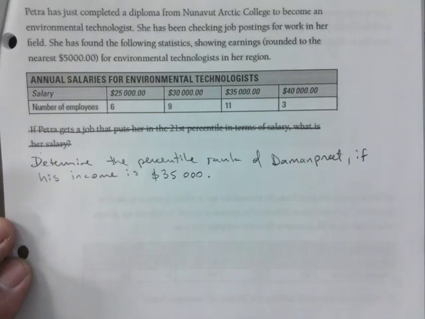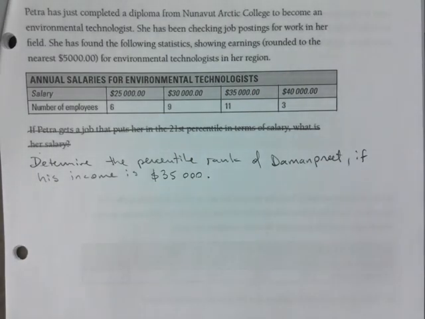Okay, so determine the percentile rank for Damapreet if his income is $35,000. Could you answer this? 2 marks, by the way. This question would be worth 2 marks, okay? So you do it yourselves right now. Don't look at your neighbors, just pretend like this is an AC. Could you do that?